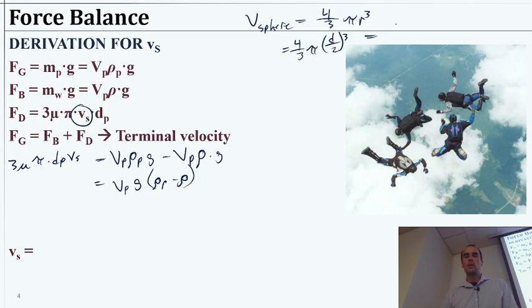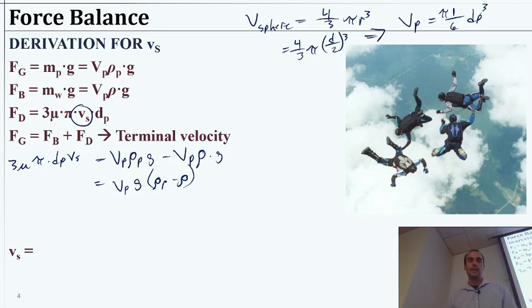So we can convert that to diameter to be in convenient terms. The volume of a particle is equal to 1 over 6 times the diameter of the particle cubed, with a pi. Okay, fair enough?